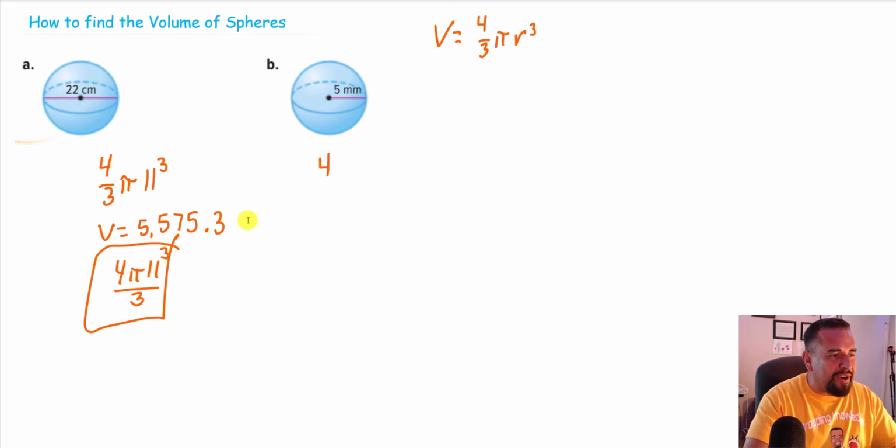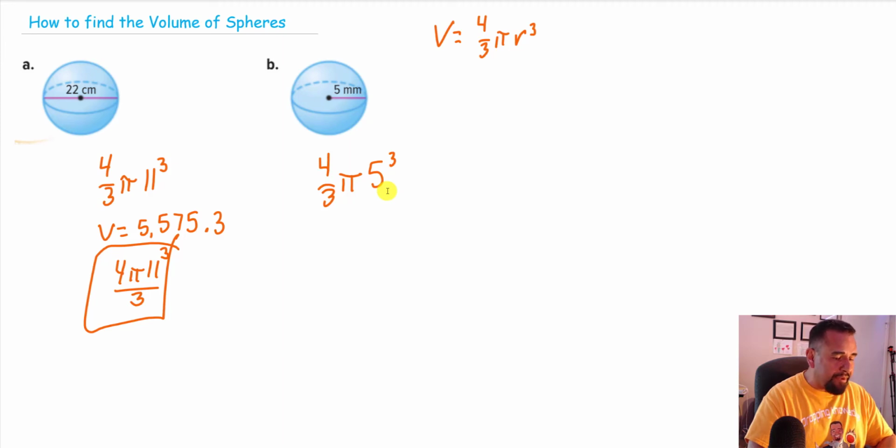We got 4/3 times pi times the radius to the third power. All right, so here we go. Once again, I'm gonna do it in my calculator this time just to prove it, I guess. 4 times pi times 5 to the third power, and that's gonna get me 1570.